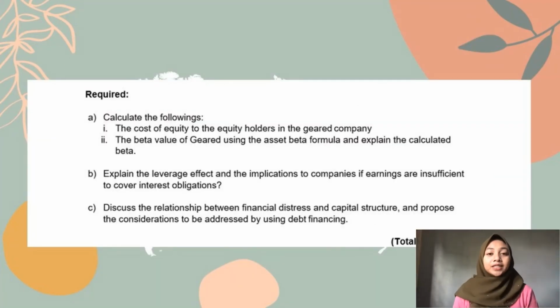So, the question is A. Calculate the following: the cost of equity to the equity holders in the geared company, and the beta value of geared using the beta asset formula, and explain the calculated beta.